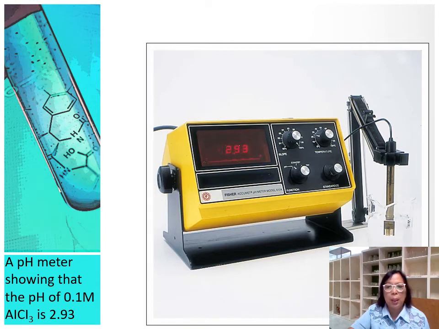This is another type of pH meter wherein the temperature could be determined, and the slope, if you're going to make it in a graphical presentation, could be produced, and of course, you have here the electrode. So from here, you can read from the screen that the pH is 2.93. So if the sample being diagnosed is aluminum chloride, the pH of such is 2.93.